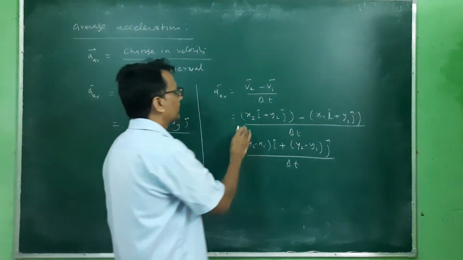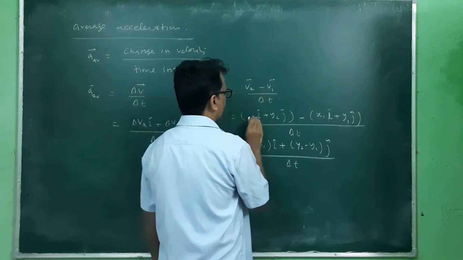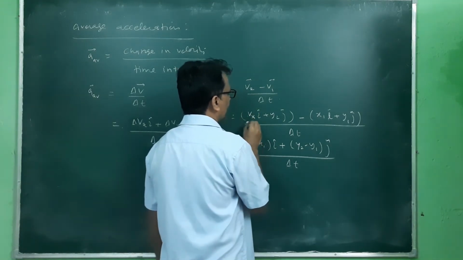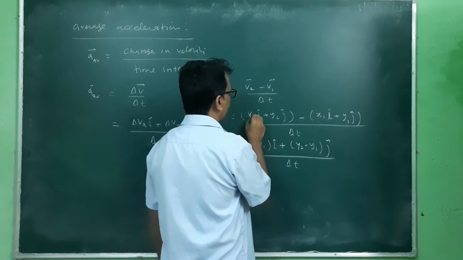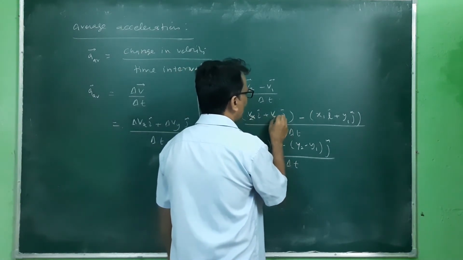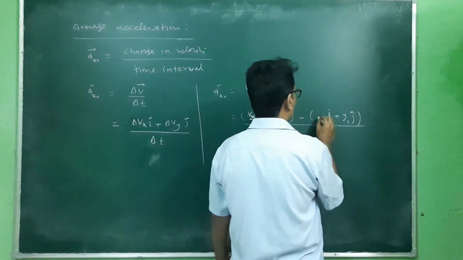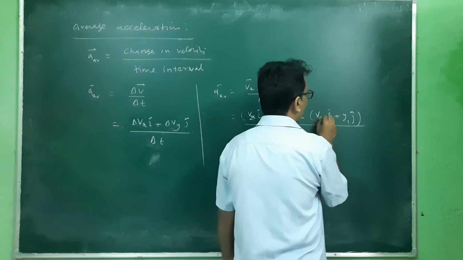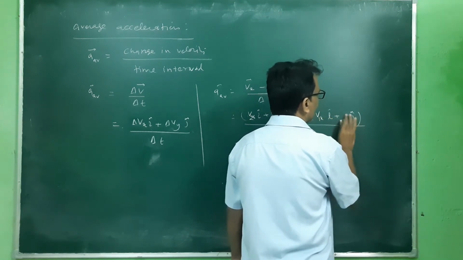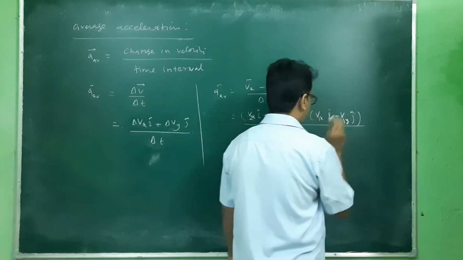Why am I writing this? This will be v1x, v2x, and this is v2y. In terms of velocity I have to write. Why am I writing in terms of position? This is v1x and this is v1y.